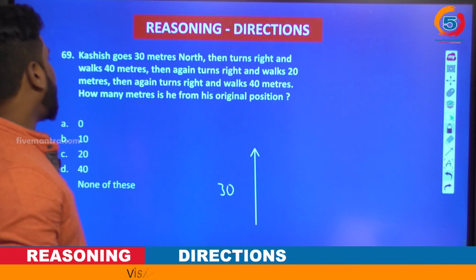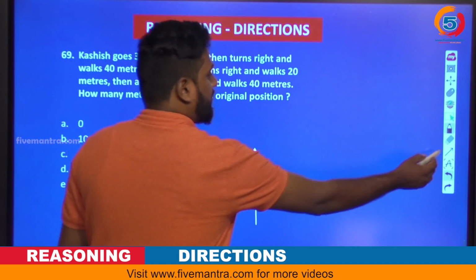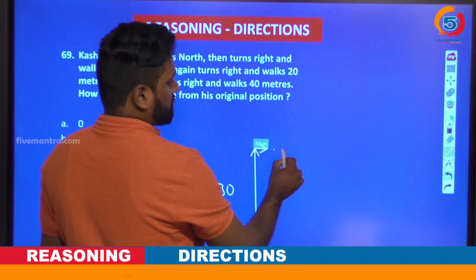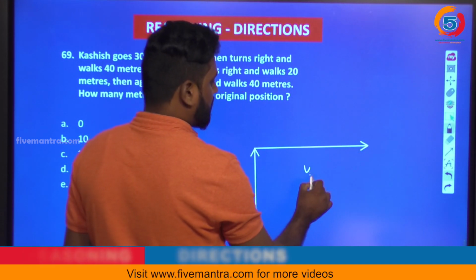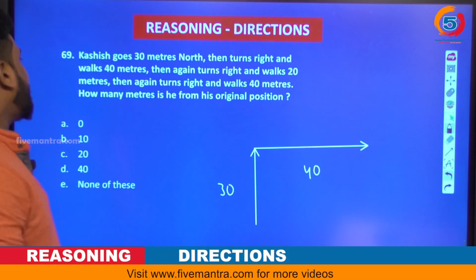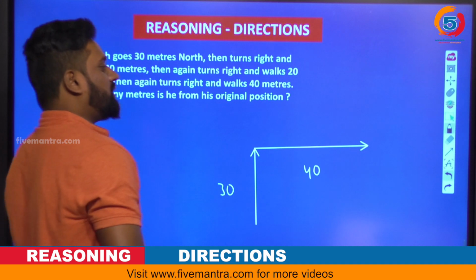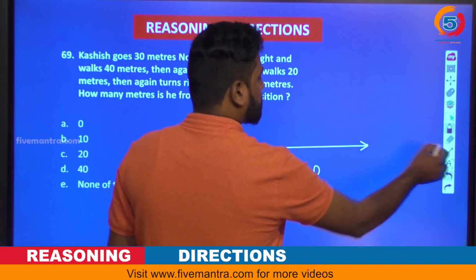Next, then turns right and walks 40 meters. Turns right side means this side, you can take 40 meters. Suppose this is 40. Next, then again turns right and walks 20 meters. So again turns right side means this side, walks 20 meters.